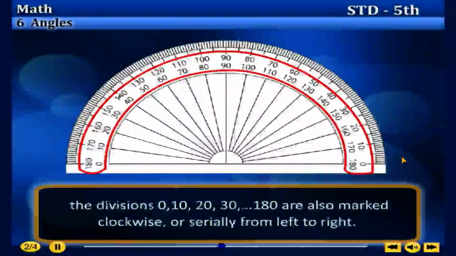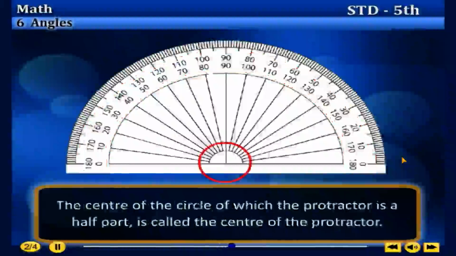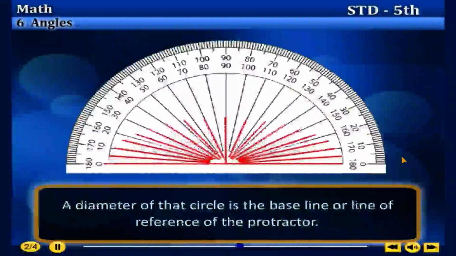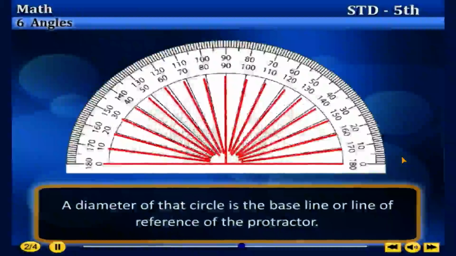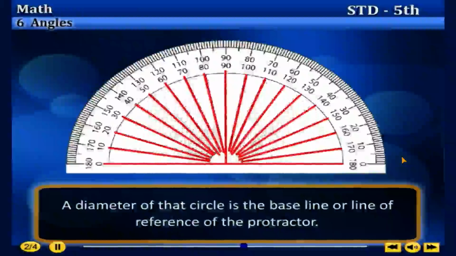The divisions 0, 10, 20, 30, up to 180 are also marked clockwise, or serially from left to right. The center of the circle, of which the protractor is a half part, is called the center of the protractor. A diameter of that circle is the baseline or line of reference of the protractor.